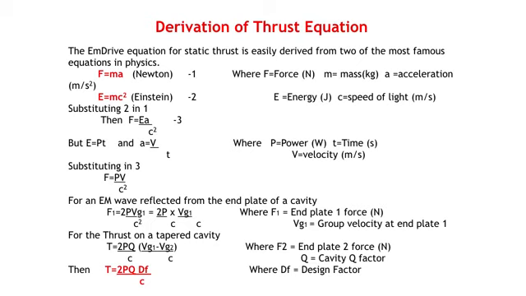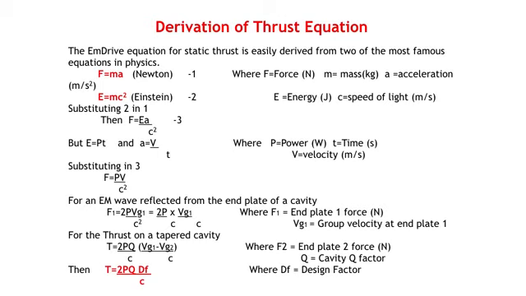For the total thrust on the tapered cavity, T equals 2pq over c times Vg1 minus Vg2 over c. Remember, we've already defined T as F1 minus F2 and Q as a measure of the number of reflections that take place within the resonant cavity.